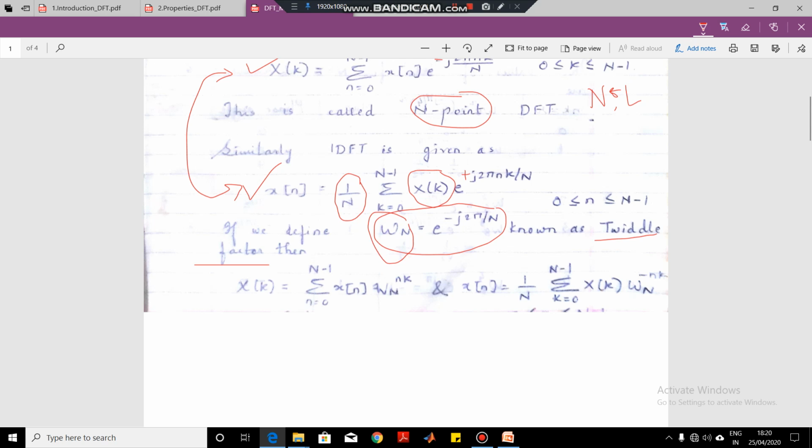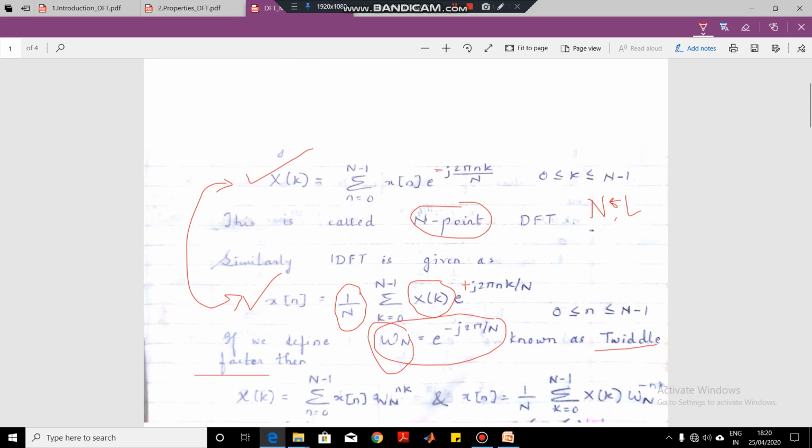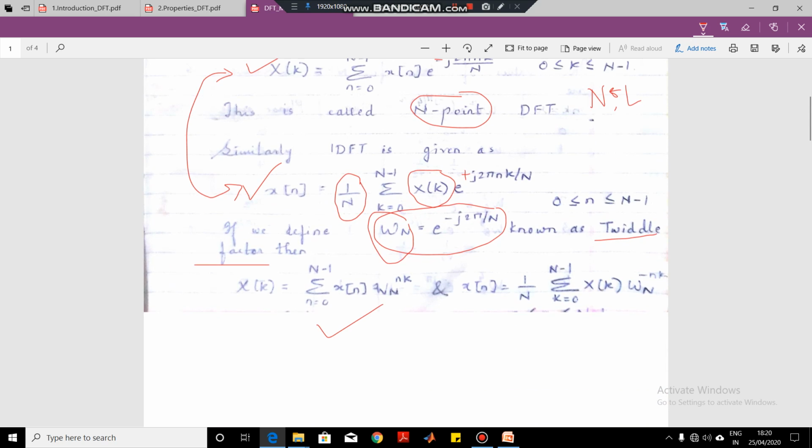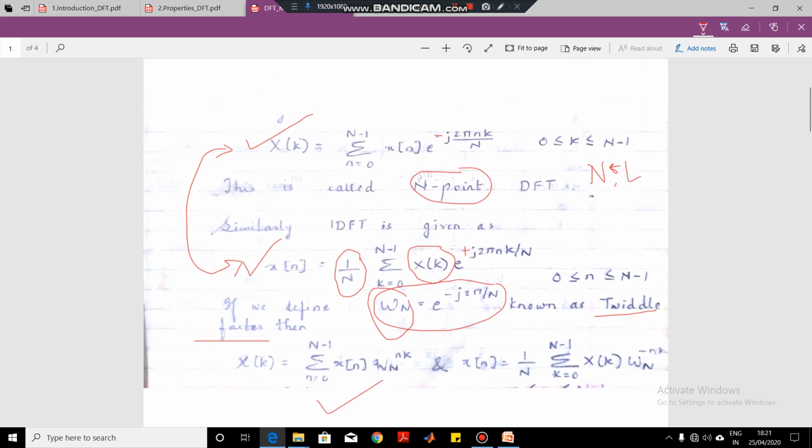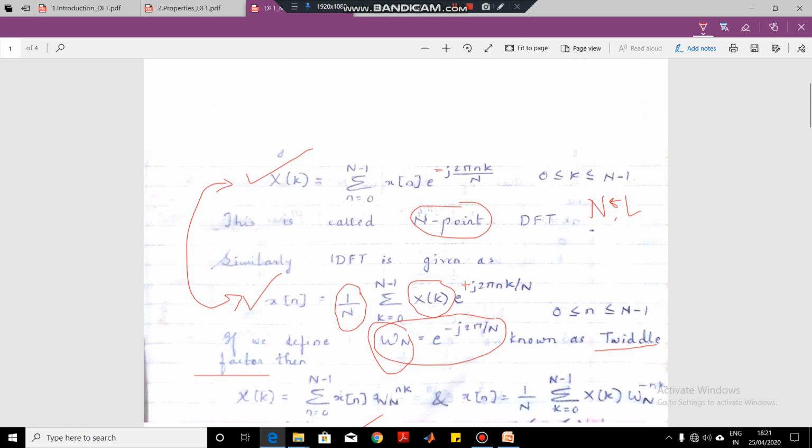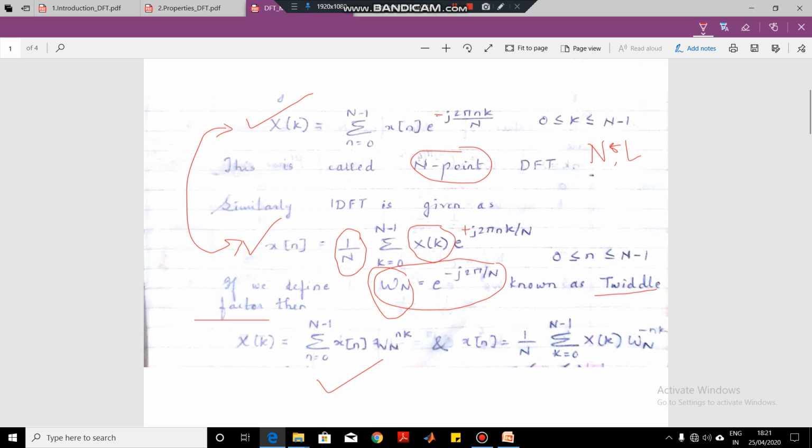If you substitute it in this equation, this big equation will reduce to a small equation: summation n equal to 0 to N minus 1 x of n WN nk. So WN means e raised to minus j 2 pi by N. So instead of writing e raised to minus j 2 pi by capital N, we just write WN, and the remaining nk we write here as the exponent.